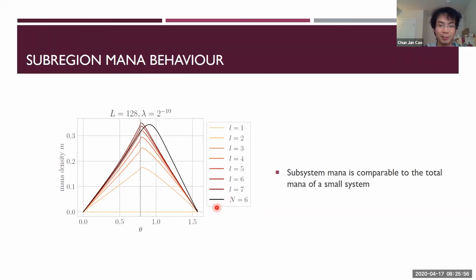And this is precisely the black curve that's plotted: the mana density of the 6-spin chain, which only has 6 spins. In terms of behavior, it is very close to the subsystem mana that we're seeing here. And again, the peak is shifted because of finite size effects.